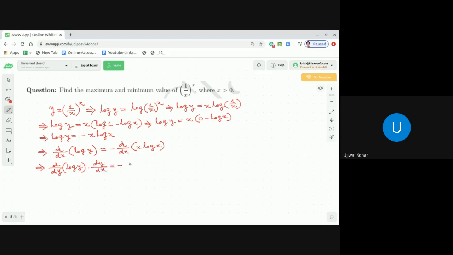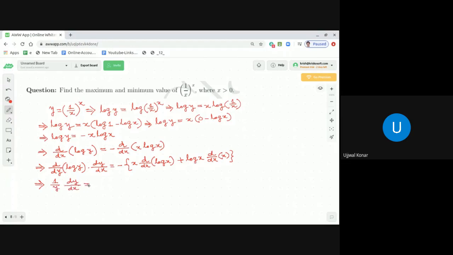And minus, d dx of u into v is u into d dx of v, that is d dx of log x, plus log x into d dx of x. Correct, dear students? So from here, d dy of log y is 1 by y into dy dx.